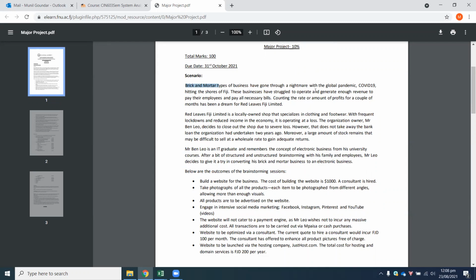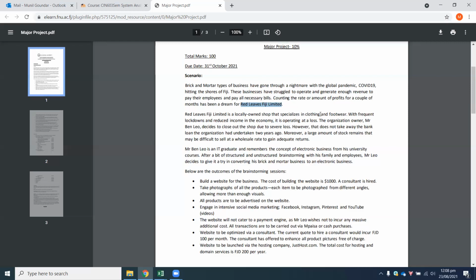These businesses have struggled to operate and generate enough revenue to pay their employees and pay all necessary bills. Counting the rate or amount of profits for a couple of months has been a dream for Red Leaves Fiji Limited. So Red Leaves Fiji Limited, this is where the entire situation is based on, this specific company, Red Leaves. So we'll go and see what Red Leaves do.